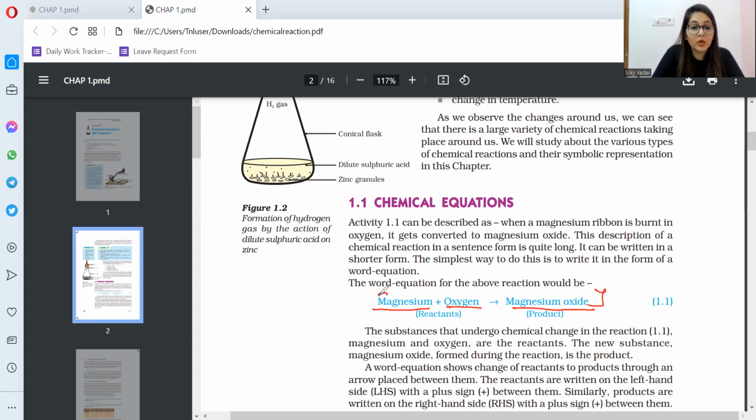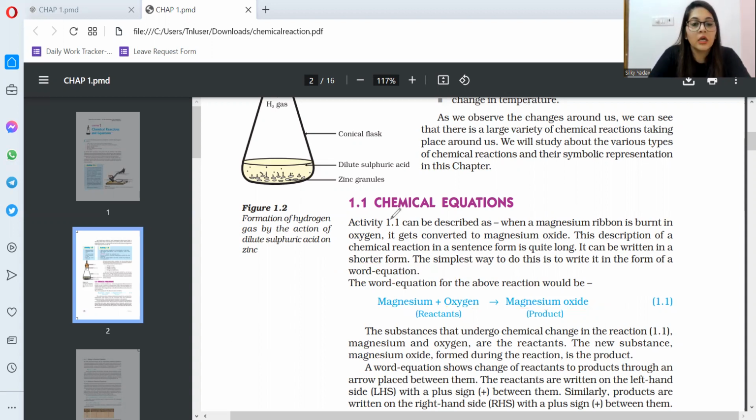Whenever you write the equation in this way, I always tell students to learn it this way, that you're writing the complete names, magnesium, oxygen. So that means you're using words to write it. That is what a word equation is. Okay, so this is a word equation.